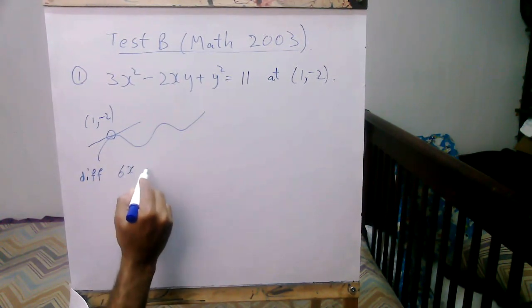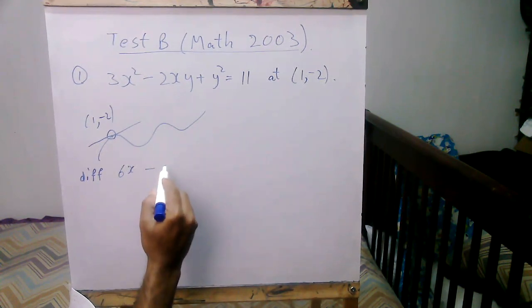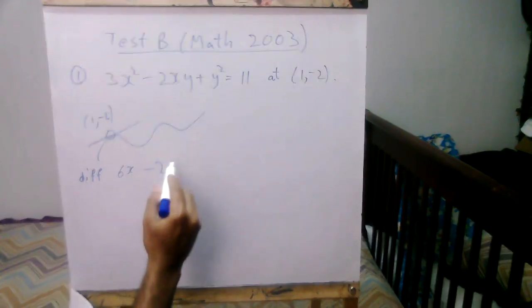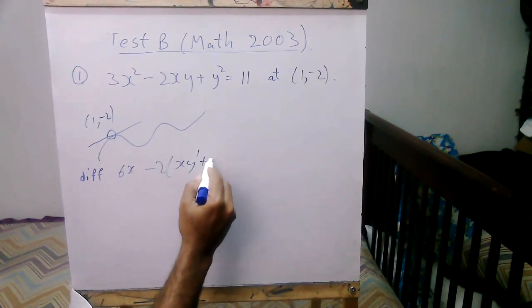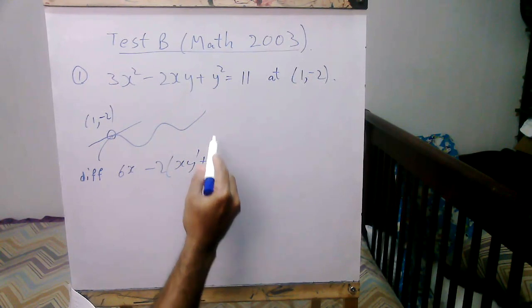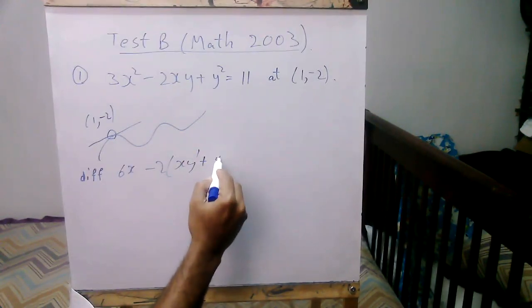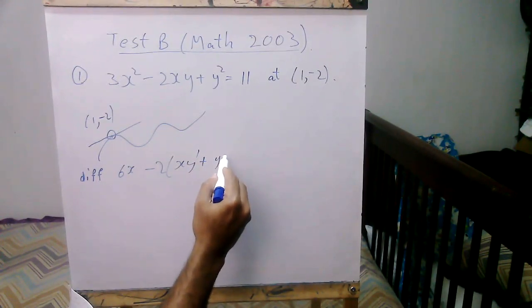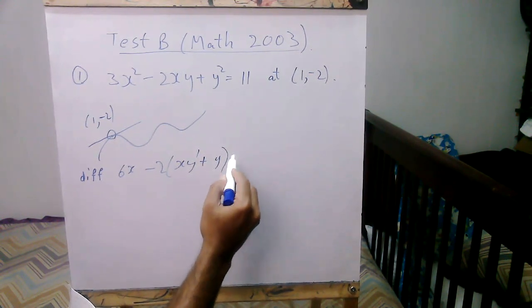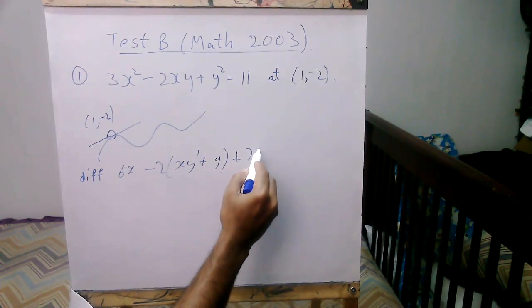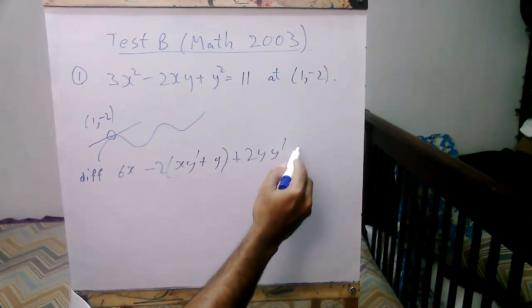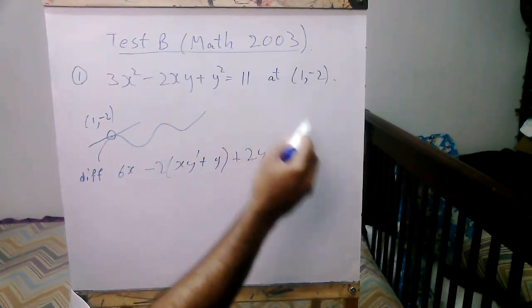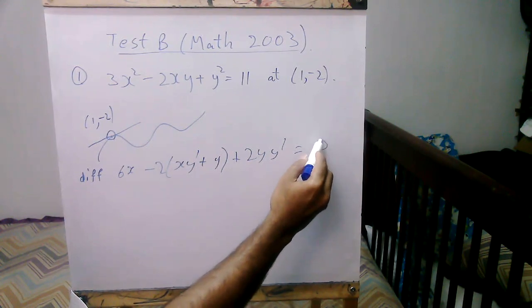We get 6x minus 2 times, and we use the product rule here, x y prime plus y times the derivative of x, which is 1, plus 2y times the derivative of y, which is y prime, equal to the derivative of 11, a constant, which is 0.